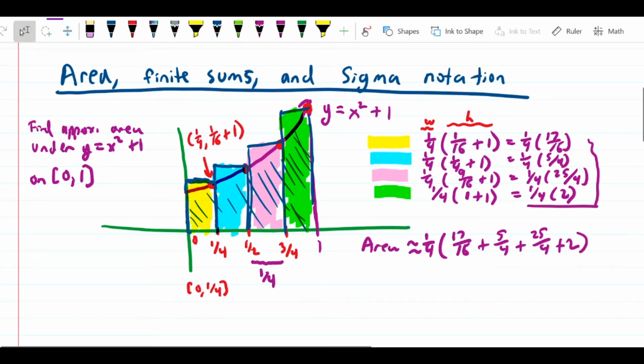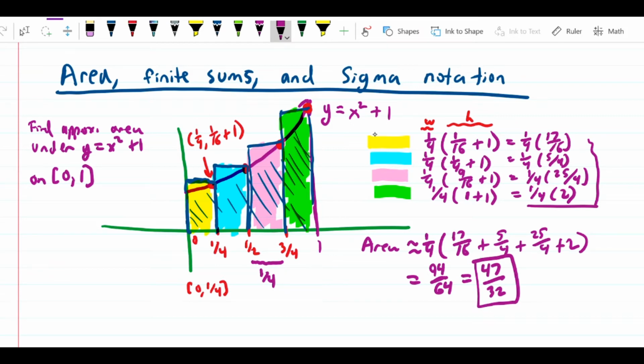If you add all that up, that comes out to 94 over 64, or 47 over 32. So that's the approximate area under the curve y equals x squared plus 1 on the interval 0, 1. It's not the exact area, but it's an approximate area.